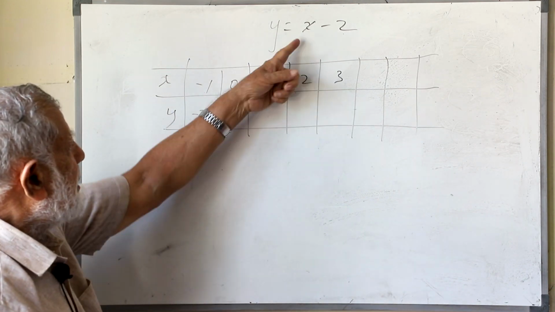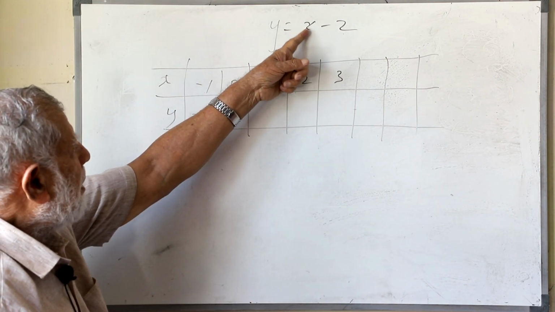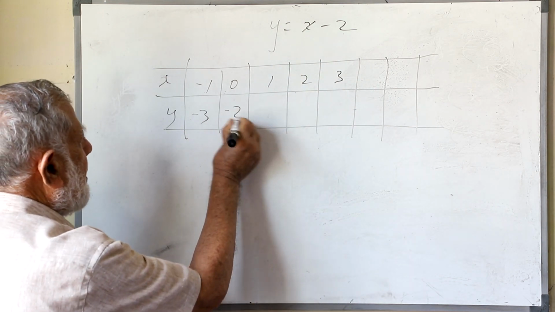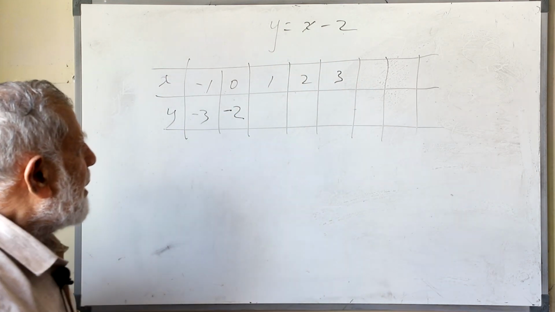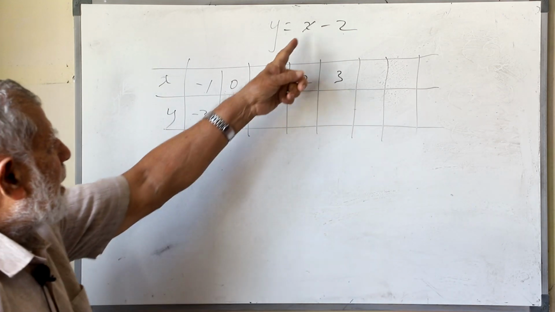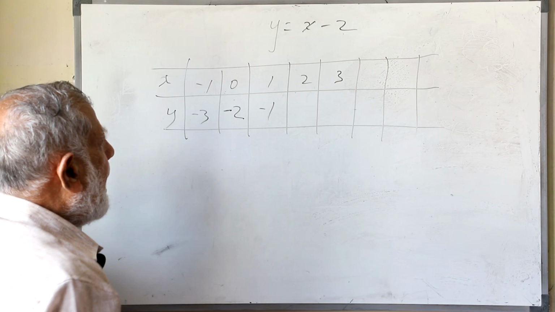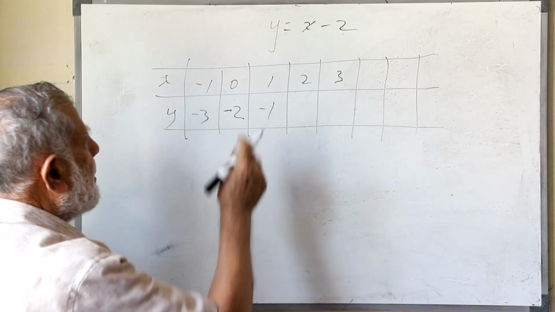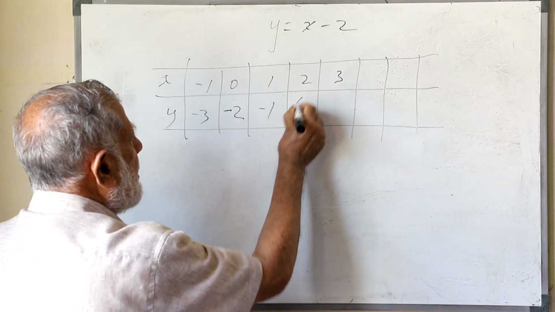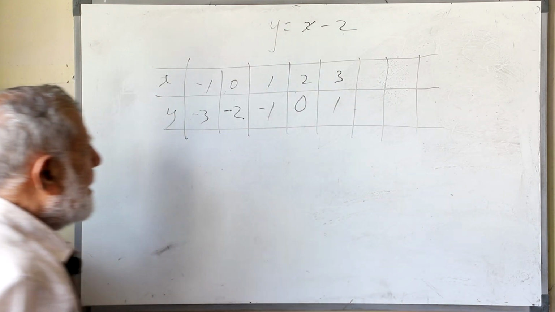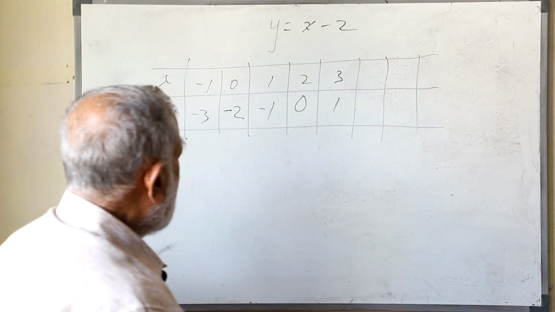Then when x equals 0, this number is 0, and minus 2 remaining, so that will be minus 2. So be careful, it is not 0. When x equals 1, plus 1 minus 2 is minus 1. And when x equals 2, 2 minus 2 is 0. And x equals 3, 3 minus 2 is 1. So you are getting the table like this.